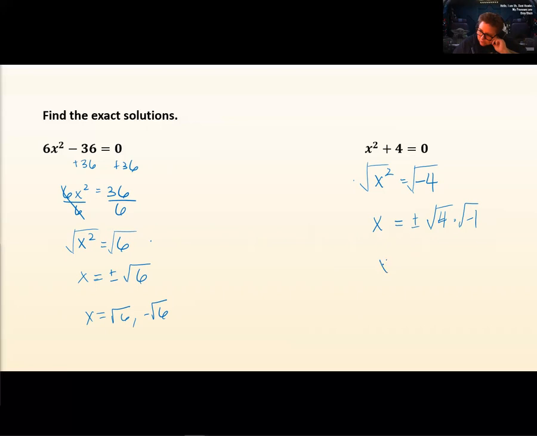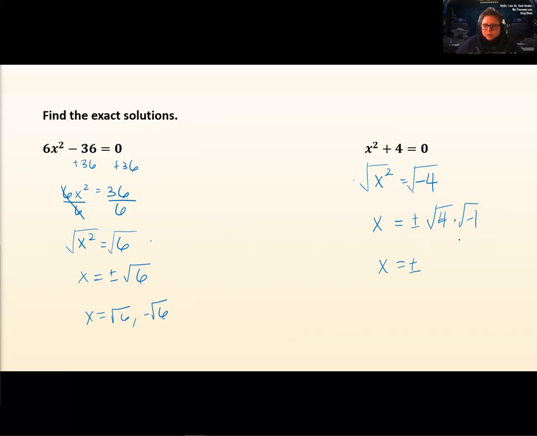What's another way to write the square root of -1? You might have heard the word complex or imaginary.